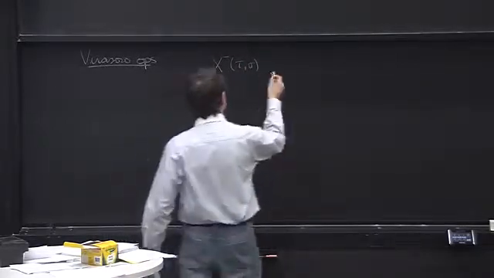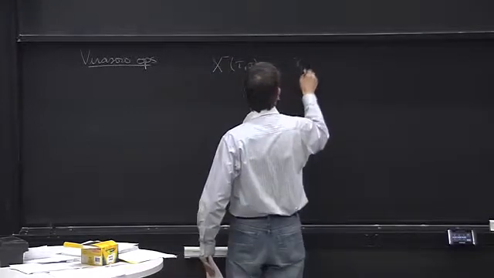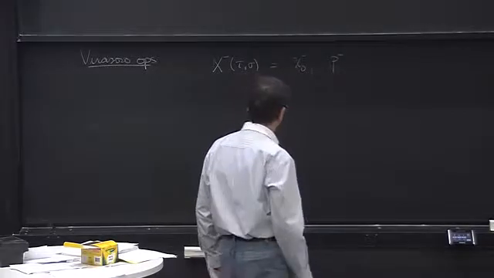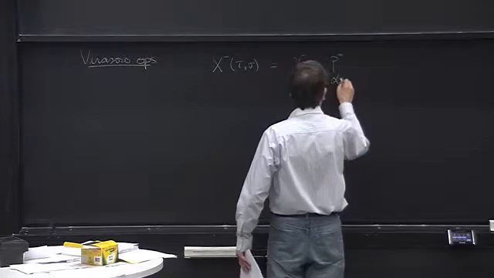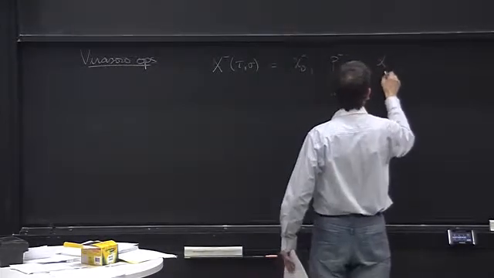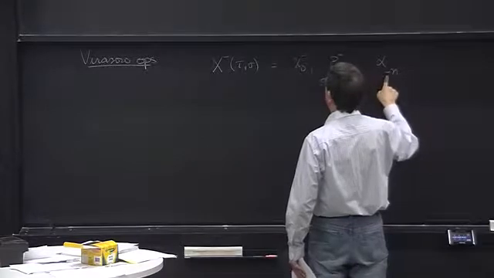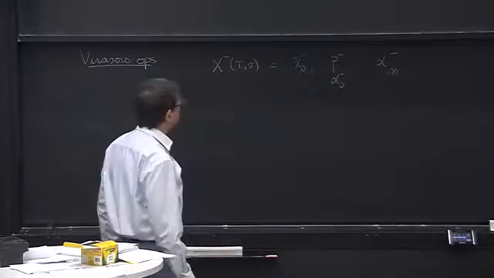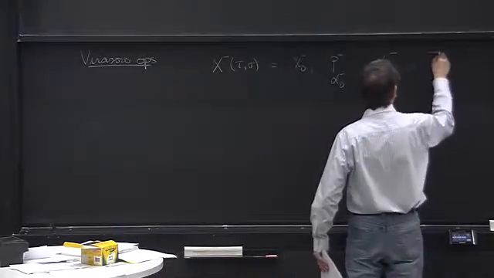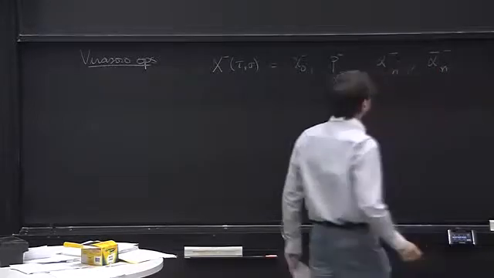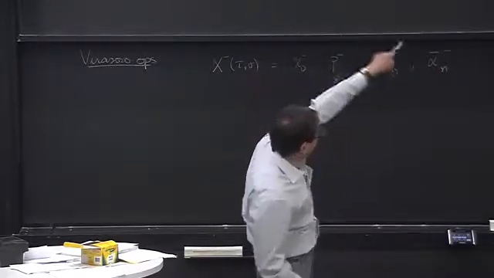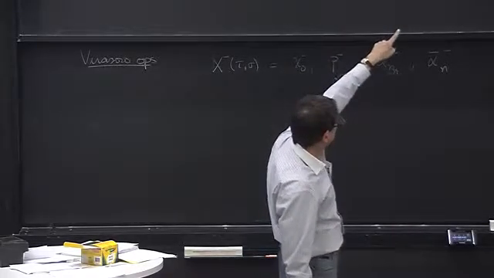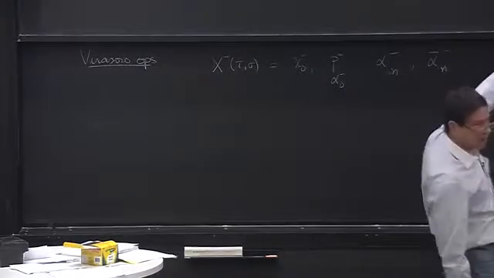And this coordinate was supposed to be solved for, and it involves x0 minus a p minus, which is alpha 0 minus, and an alpha n minus, and all these oscillators of the minus coordinate, and then you'll have the alpha bar n minus. You see, just like any coordinate, X of tau and sigma, if you put for mu minus, well, you need an alpha 0 minus, and you need an alpha n minus, and an alpha bar n minus.